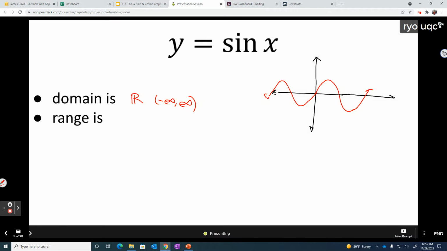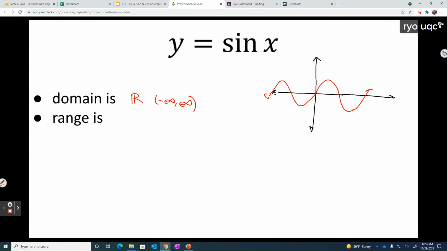Now the range could change if we add some numbers to it. But just for the parent function, the sine, anybody remember how high it goes and how low it goes? It goes up to 1. If you think about the unit circle, the highest y coordinate is 1.